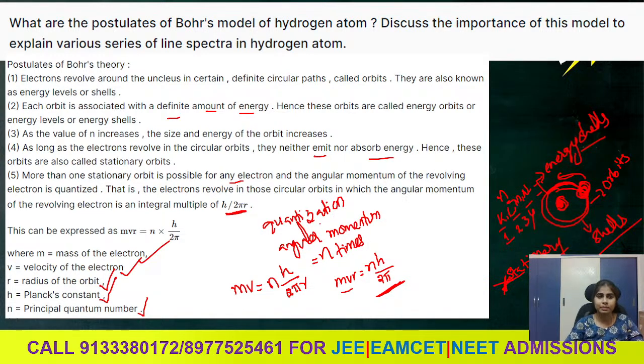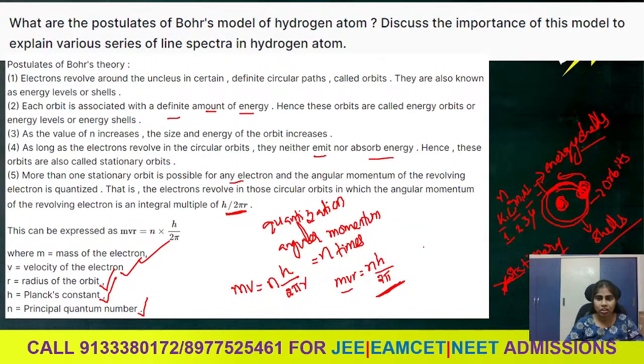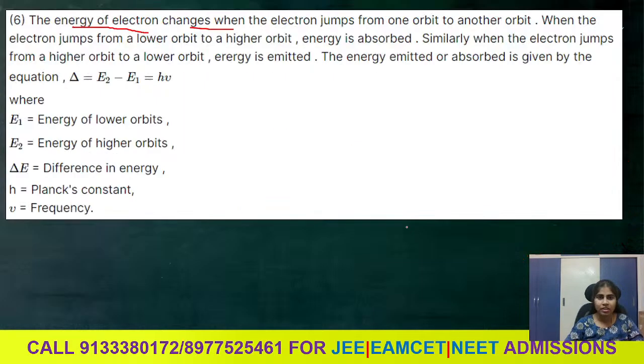Let us see the next part. We have one more postulate here: the energy of the electron changes. See, in a stationary orbit there is no change in the energy of the electron. The energy changes when the electron shifts from one orbit to another orbit.